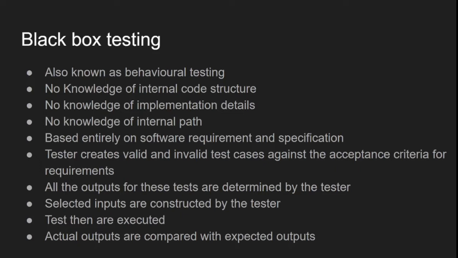Based on this, we create tests, and then obviously execute these tests against the actual developed system. Once these are executed, we compare the actual output with the expected output which we created earlier from the acceptance test criteria as test cases.